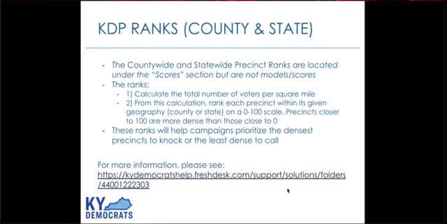That way, you're having your volunteers knock precincts that are going to be more dense. Or on the flip side of that, if you want to target precincts that you can't knock but you want to call, you can use the lower scores to find out which precincts those are. For more information on the ranks, you can visit the link down here and see that documentation as well as the statewide map.